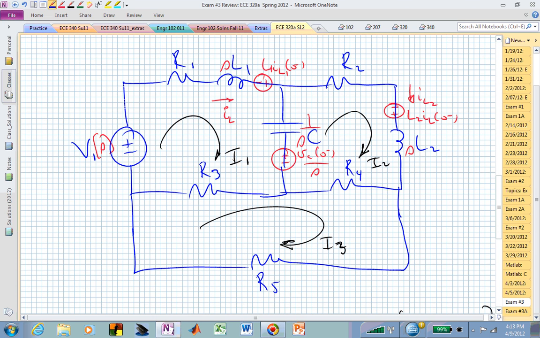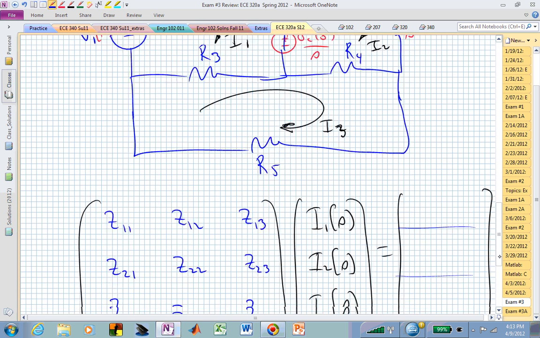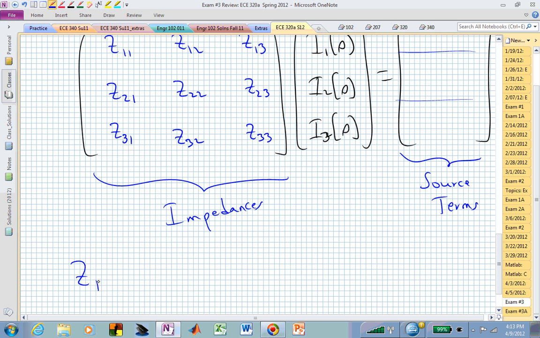in the diagonal term, I would be adding up all of these impedances that I1 touches. And that would then include R sub 1, R sub 3, and the L1 impedance and the C impedance. Meaning the Z sub 1, 1, since I know I would be running out of room, was R1 and R3.